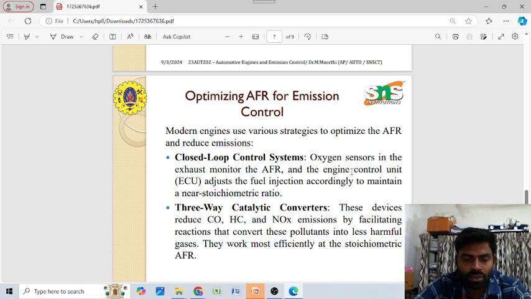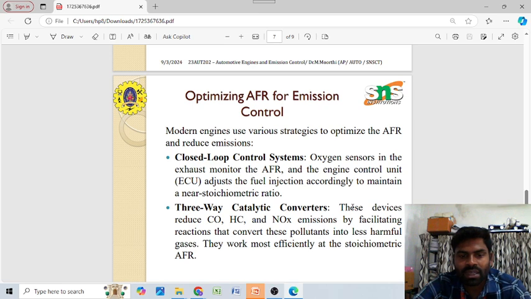When there is insufficient oxygen, the sensor senses the requirement and supplies this information to the ECU, which adjusts the air fuel ratio and supplies a greater quantity of air, so that there is enough oxygen to make complete combustion during the process.